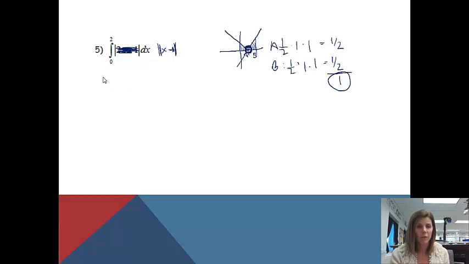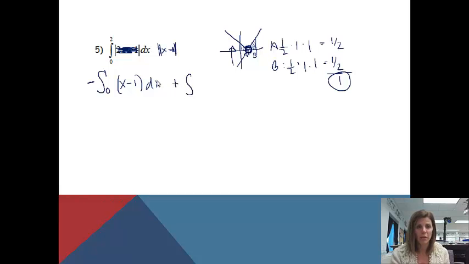So what we're going to do is start from 0 to 1, and this original line would have just been x minus 1 dx, and I'm going to put a negative in front of that, since this answer would turn out to be negative, since it's below the x-axis. The absolute value is going to bump it above, so I'm making sure I take the opposite of the answer that I'm going to get.